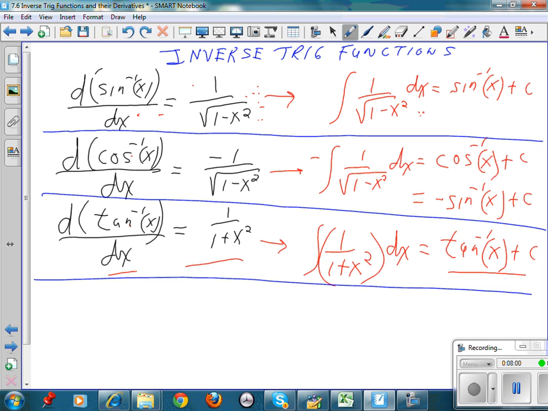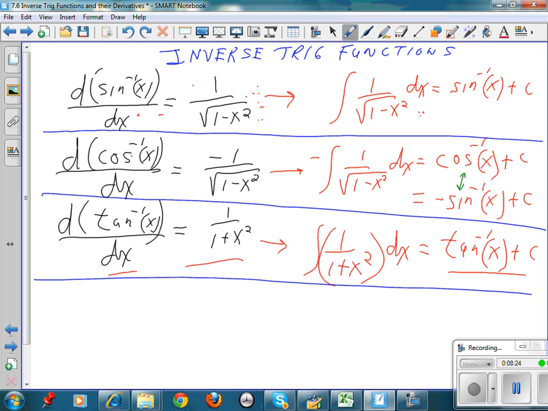The antiderivative of that is the inverse sine. Inverse cosine, the derivative is the negative of the derivative of the inverse sine, which to me says the inverse cosine is equal to negative the inverse sine plus a constant, which is kind of interesting. Anyway, so know these inverse trig functions.